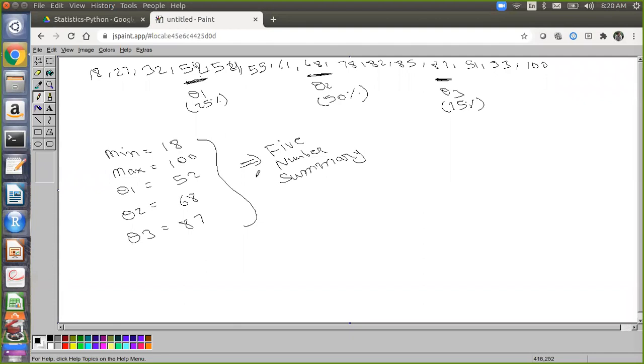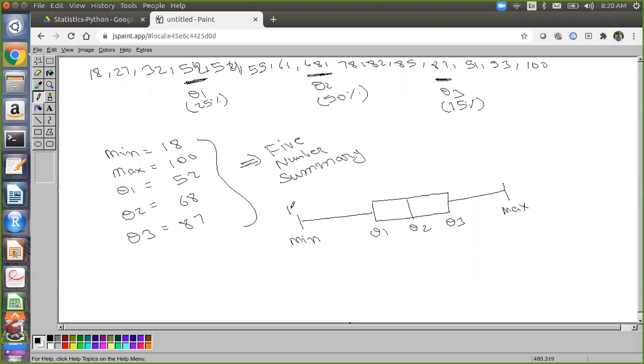Okay. So now this is the 5-number summary. This is your box plot. Now how will you draw a box plot? Simply draw your box plot and mark all these values: minimum value, maximum value, and your Q1, Q2, and Q3.